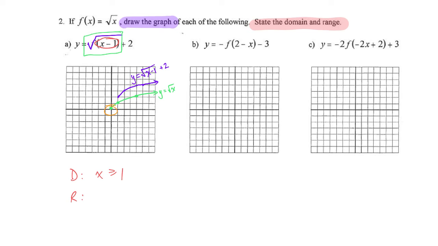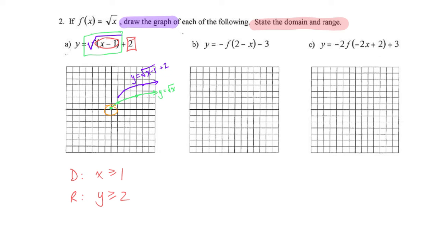And so maybe I can see that that boxed in value at the smallest will be 0, or it'll at least be bits. So my range then is going to be the 2 at a minimum, if it was 2 plus 0, or bigger than 2 if it's going to be 2 plus those bits. And therefore, my range is y is greater than or equal to 2. Okay, hopefully not too bad, but I would say definitely more difficult to deal with just the equation as opposed to the graph.